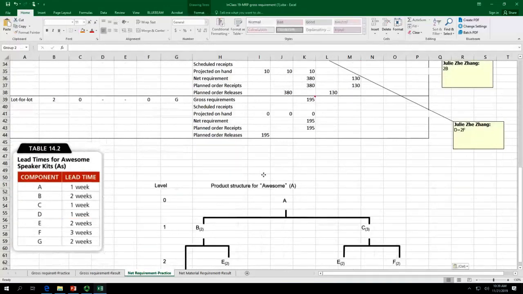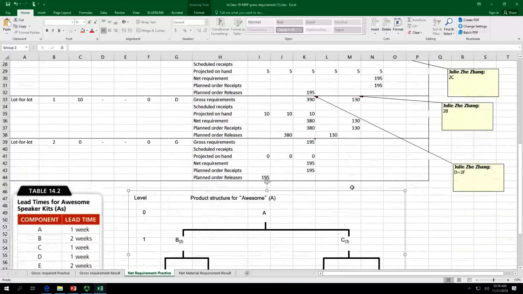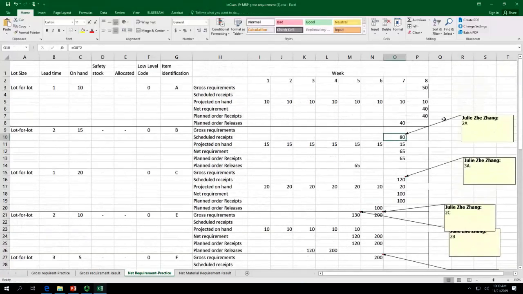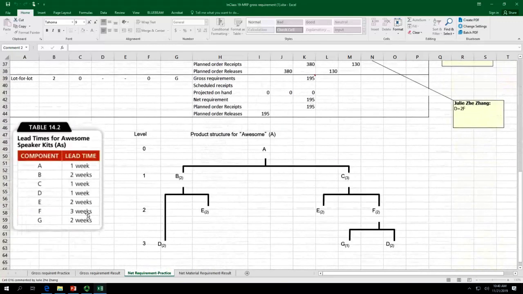If this is too big or too complicated or you cannot see it, you can add notes to yourself, insert comments, say, this B equals 1B needs 2A. And in order to produce 1A needs 3 C's.